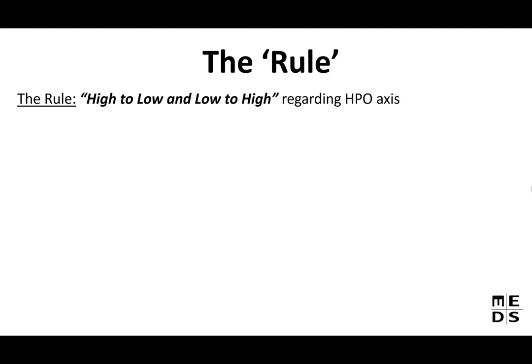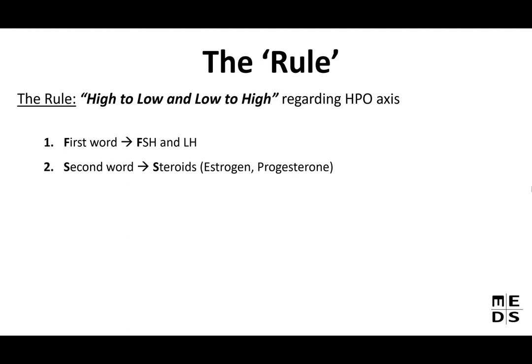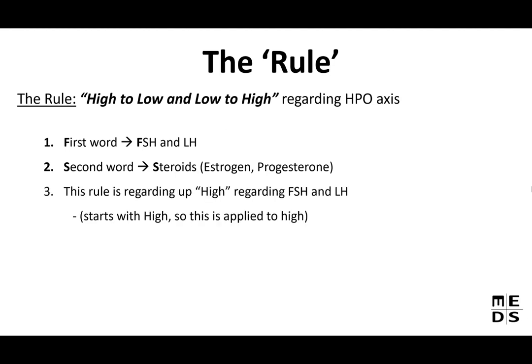Okay, so the rule, it starts with high to low, and then we're going to have low to high regarding the HPO axis. So for the first word, that part is going to be high, and we're going to start with FSH and LH. The second word is going to be for steroids, which is estrogen and progesterone. So if you have a little bit of foresight, the first words are going to be high, so FSH and LH, and then the second word, which are the steroids, are going to be low.